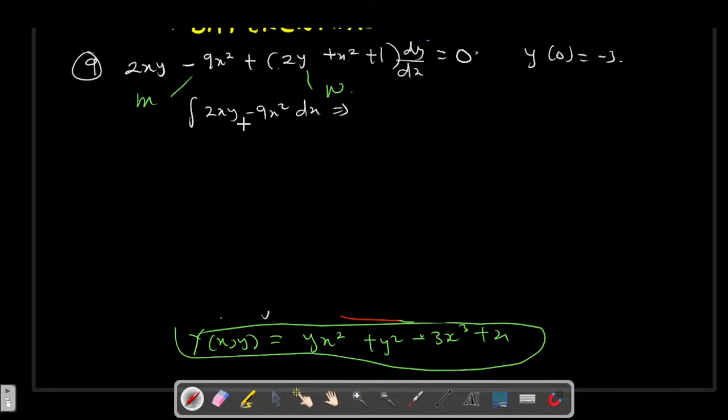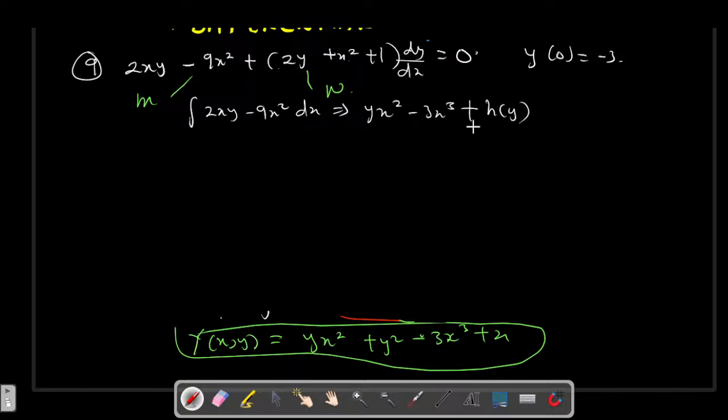Since you are using M, when you solve, our constant of proportionality is going to be a function of y. So we solved already. If I'm integrating this with respect to x, I'll simply get my y x squared, then this becomes minus 3x cubed plus h of y.